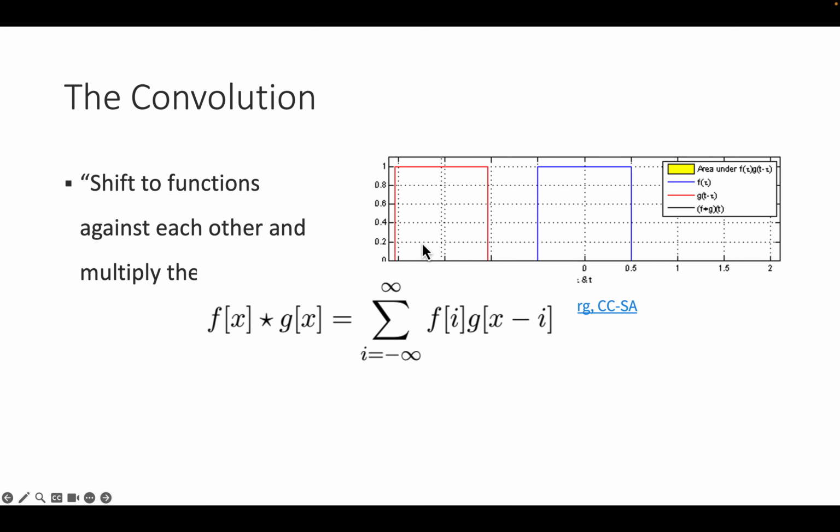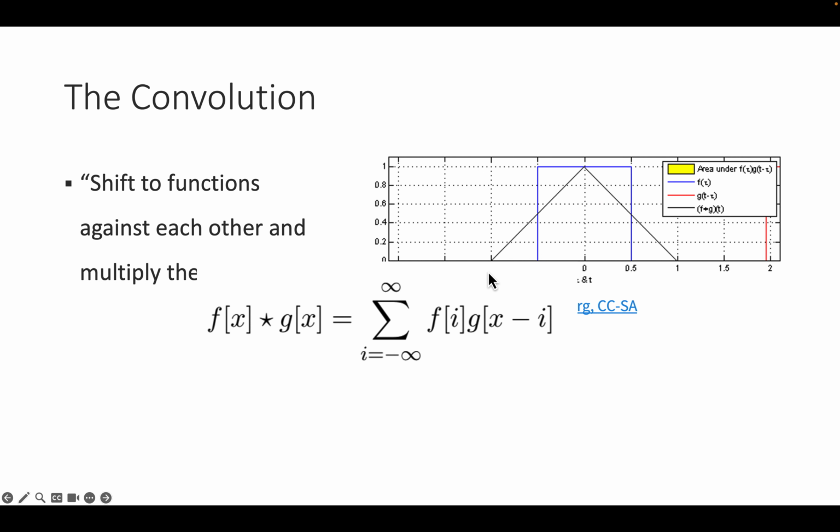And what happens is I move one of the rectangles against the other one, and I compute the product of the 2 at this position. And I don't only compute the product at this position, but I actually add up the product of the 2 functions at all positions, and the result of this operation is the outcome of the convolution at this point.